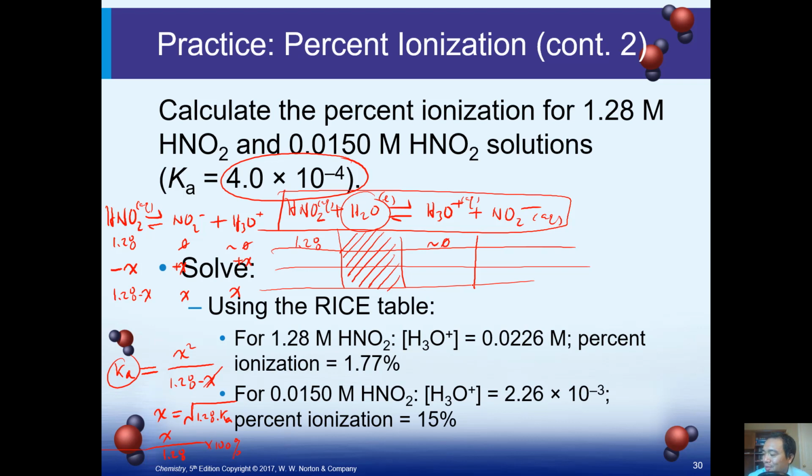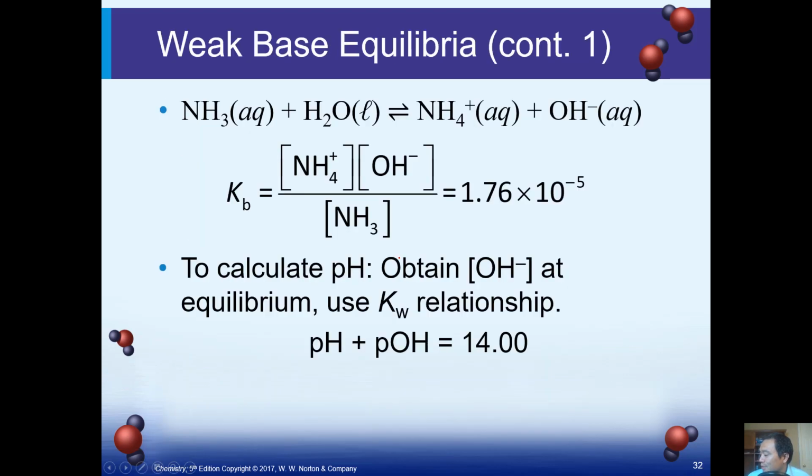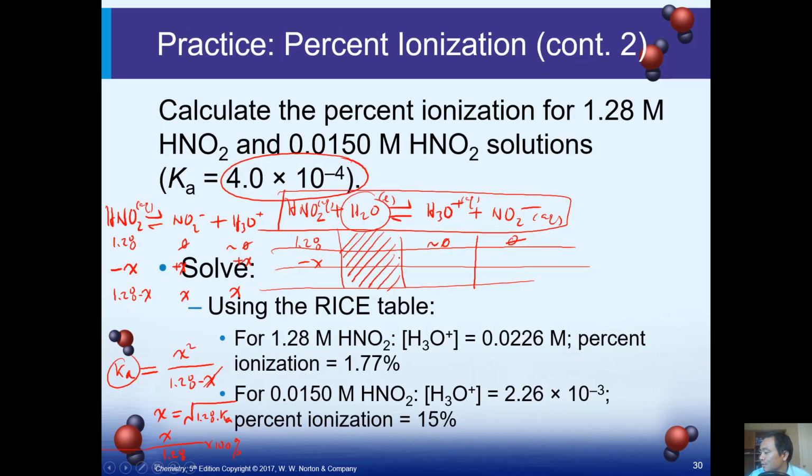So that's why it's not absolutely 0. It's almost 0. Okay, but this guy is 0 for nitrite. So minus x. Then you have a plus x, plus x. So we end up with exactly the same thing, no matter how you write the ionization equation.